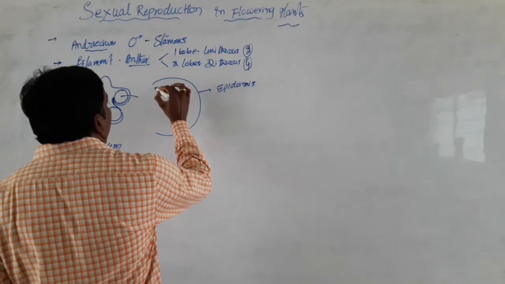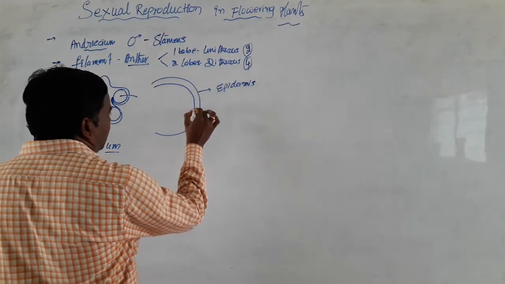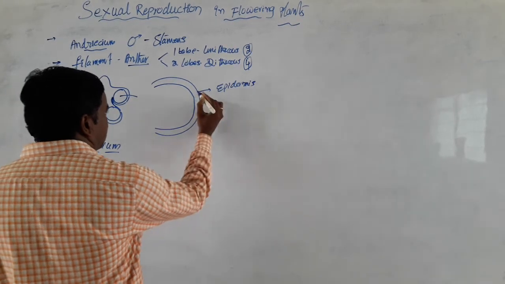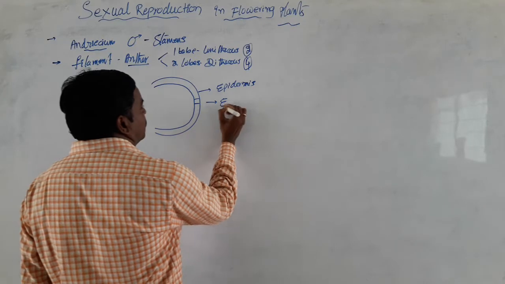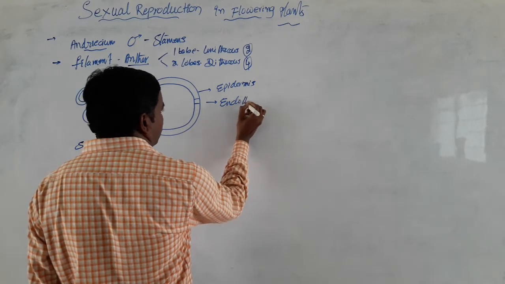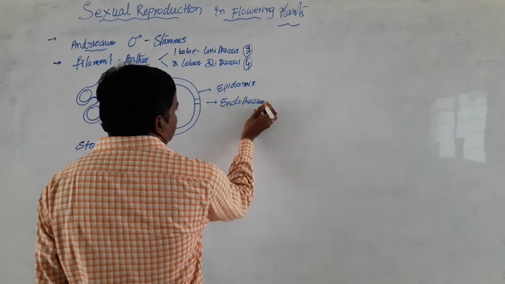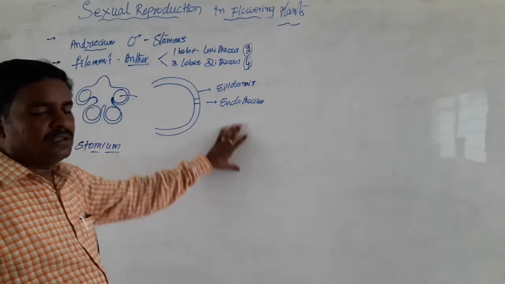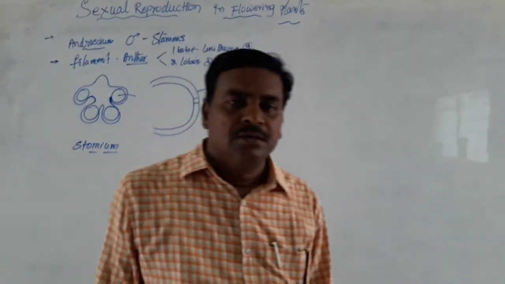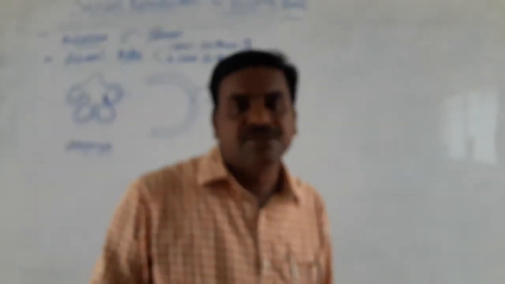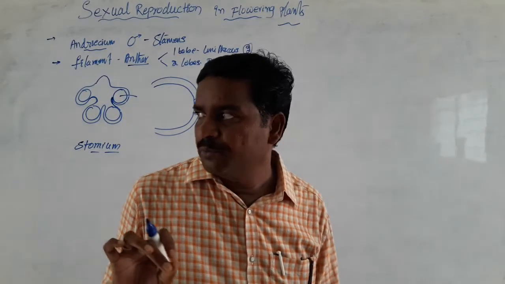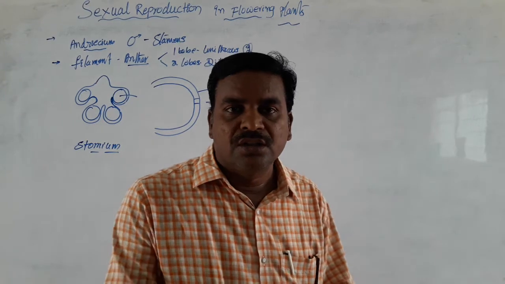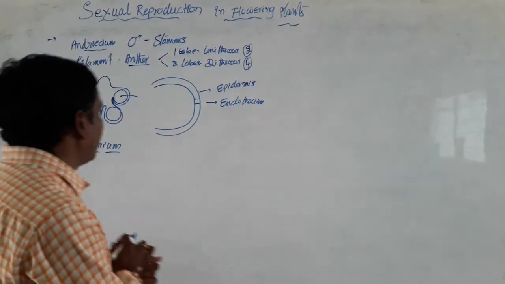The second layer in a dithecous anther is represented by the endothecium. This is present just next to the epidermis. Cells are vertically elongated with cellulose fibrous thickenings. They show hygroscopic movements, so they help in dehiscence of the anther.